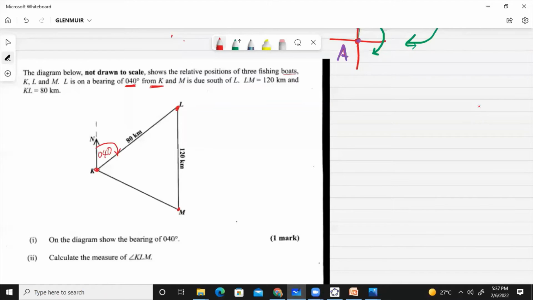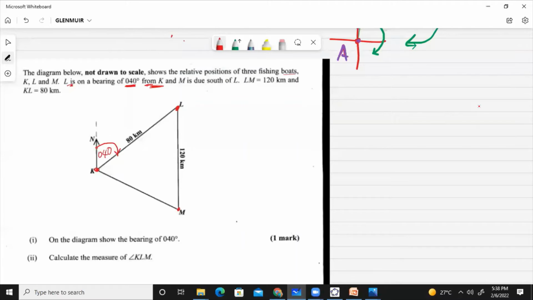From is the word, guys, from. So you go at K, step to the north of K, and then do your clockwise rotation until it touches a line that leads to L. L is on a bearing out there. So we have that.